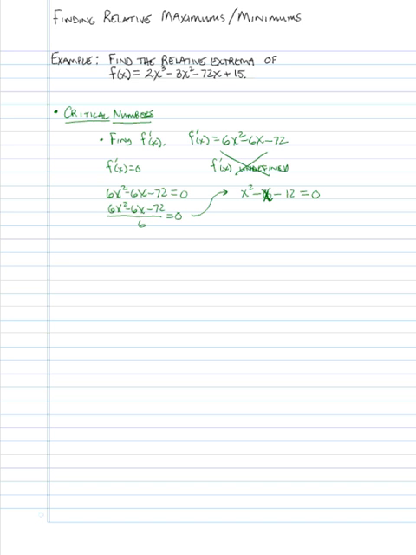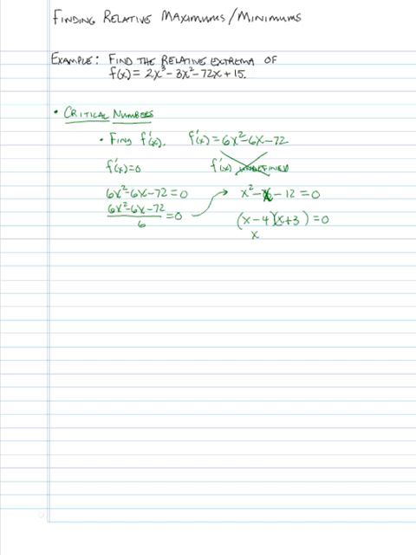So this looks like it will be fairly easy to solve. I think I can factor on the left side. Yes, it looks like I can. I'm going to try a minus 4 and a plus 3. x times x is x squared, negative 4 times 3 is negative 12 at the end, and in the middle, I get negative 4x plus 3x, which is negative x.